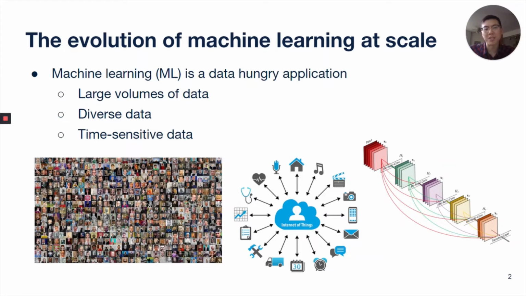We're all aware that machine learning is a popular application and is making breakthroughs year after year. However, this progress does not come for free. Machine learning requires both large volumes of data, data from a diverse array of sources, and data that is collected recently.